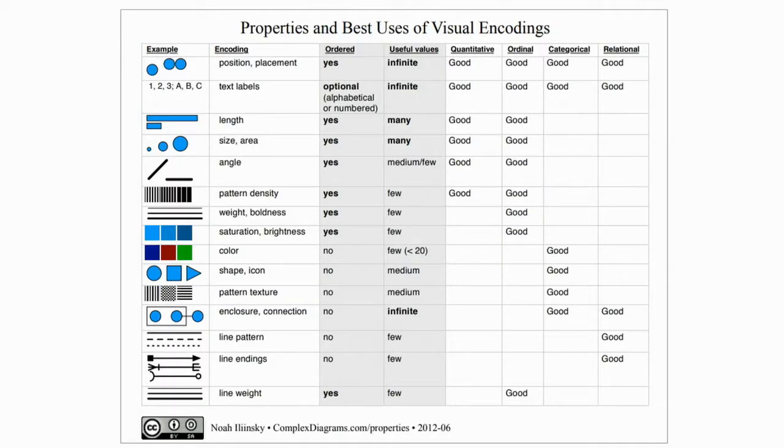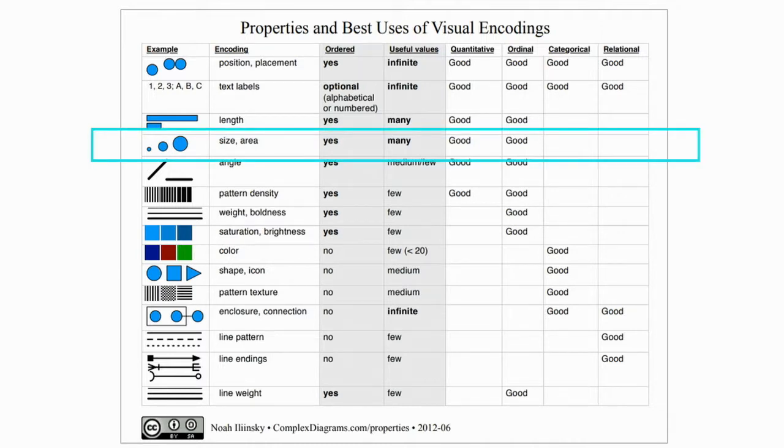Not all visual variables are appropriate for every data type, though. Noah Iliinsky, who is a thought leader in the data visualization space, put together this great table detailing the best practices for visual encodings. So for example, size is a good way to represent quantitative and even ordinal data, but not appropriate for categorical data.